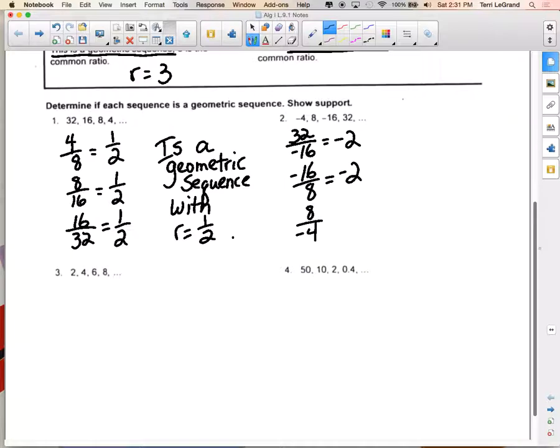8 divided by the previous term, negative 4. Positive divided by a negative. There are 2 4s in 8. So again, we got a constant ratio, we call it. So we say this is a geometric sequence.